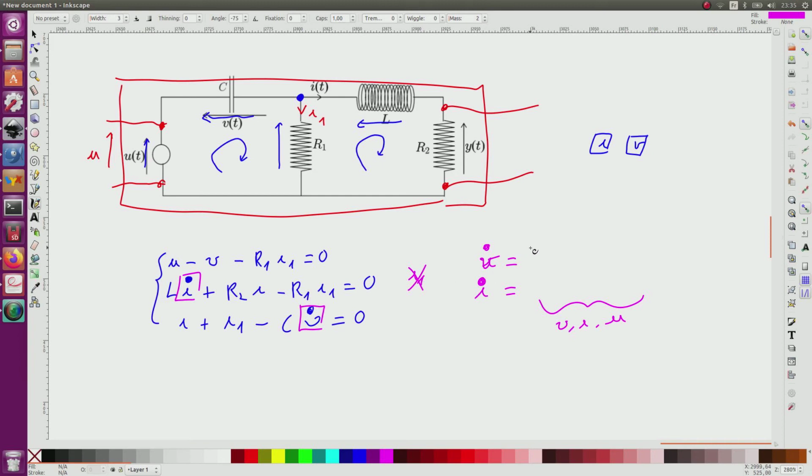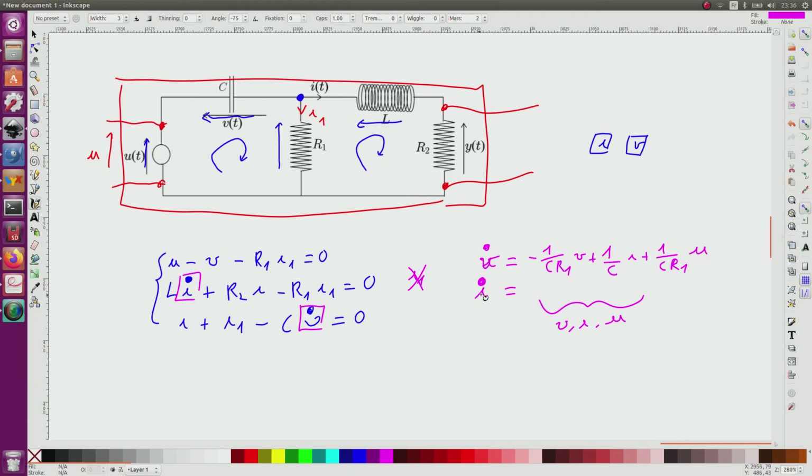So if I do this, I will obtain here the derivative of V is equal to minus 1 divided by C R1 V plus 1 divided by C E plus 1 divided by C R1 U. Okay.